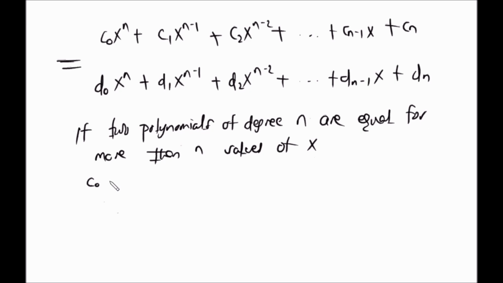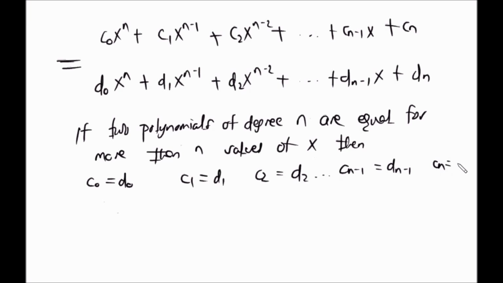Manake coefficient zao zote are also nini? Equal. Kwa hiyo c0 itakuwa sawa na d0, c1 sawa na d1, c2 sawa na d2, cn minus 1 sawa na dn minus 1, cn sawa na dn.